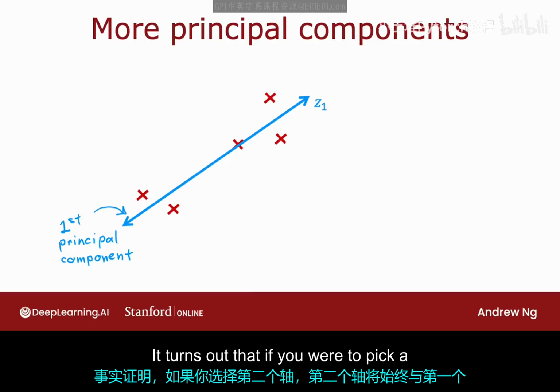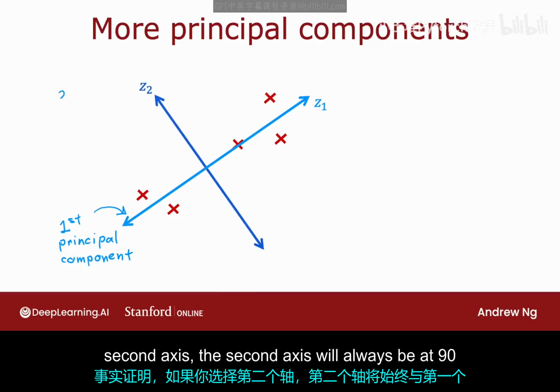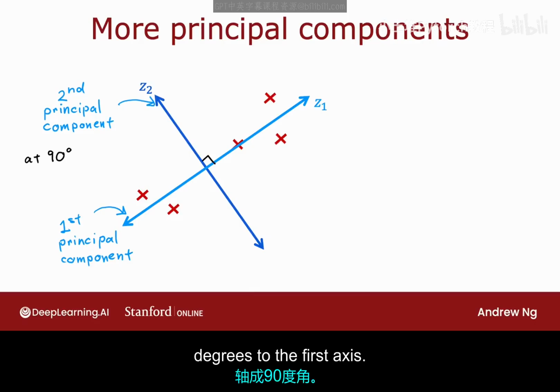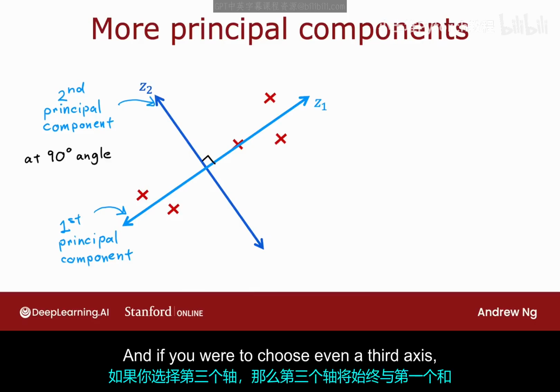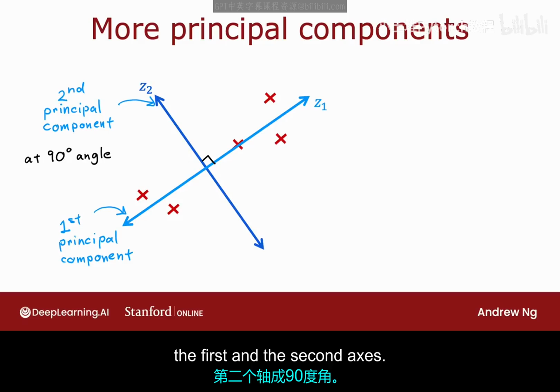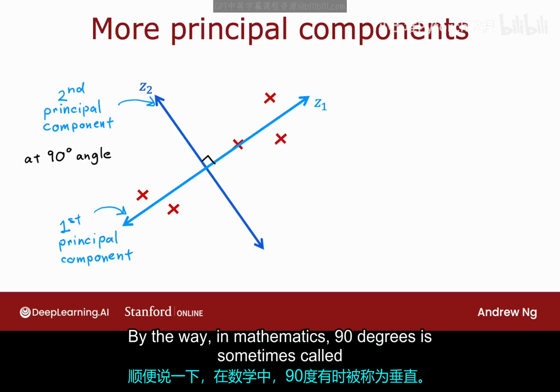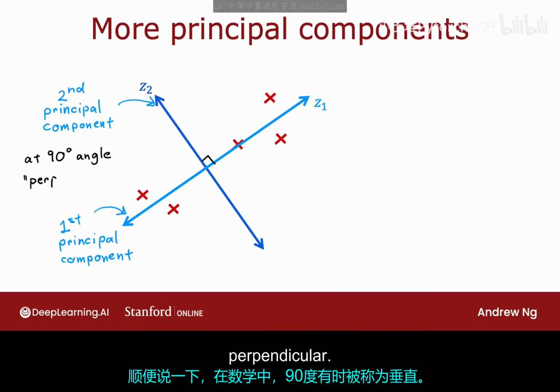It turns out that if you were to pick a second axis, the second axis will always be at 90 degrees to the first axis. And if you were to choose even a third axis, then the third axis will be at 90 degrees to the first and the second axes. By the way, in mathematics, 90 degrees is sometimes called perpendicular.